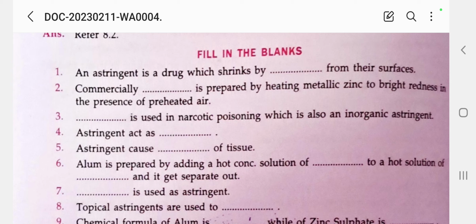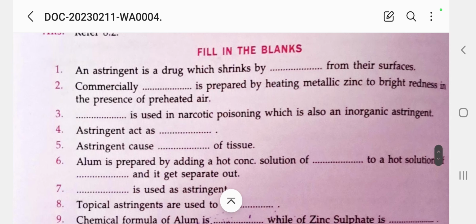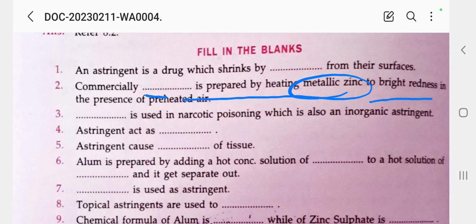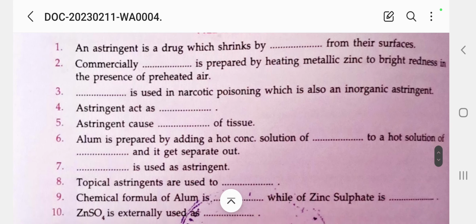Next, commercially dash is prepared by heating metallic zinc to bright redness in the presence of preheated air. That is nothing but zinc sulfate. Second, dash is used in narcotic poisoning.